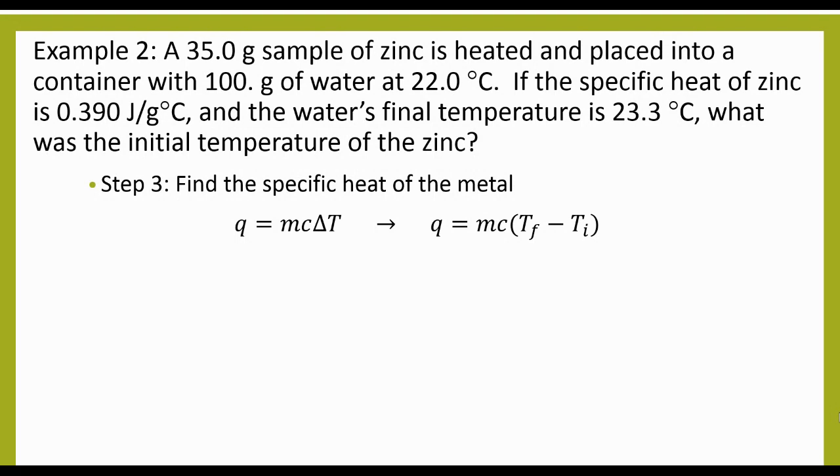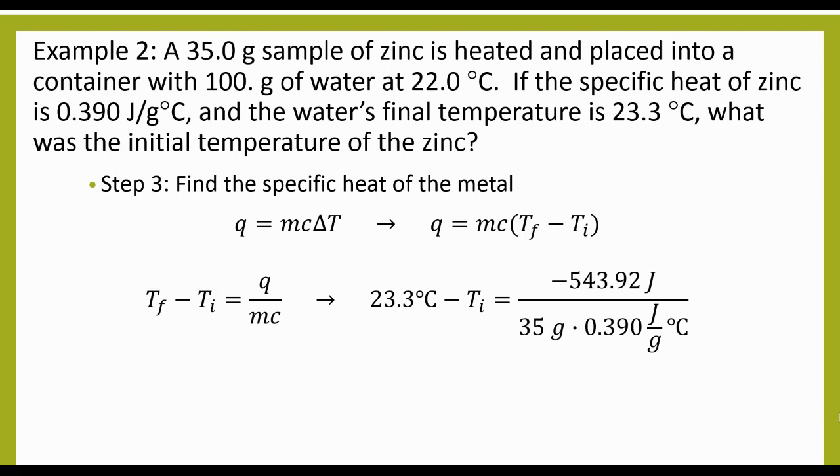But one thing you want to be careful with, that M times C is times the difference of TF minus TI. So either you have to distribute it right away, which you could, or what I would do, we're going to go ahead and solve for the TF minus TI. We're going to bring that all over to one side and then plug in our values.